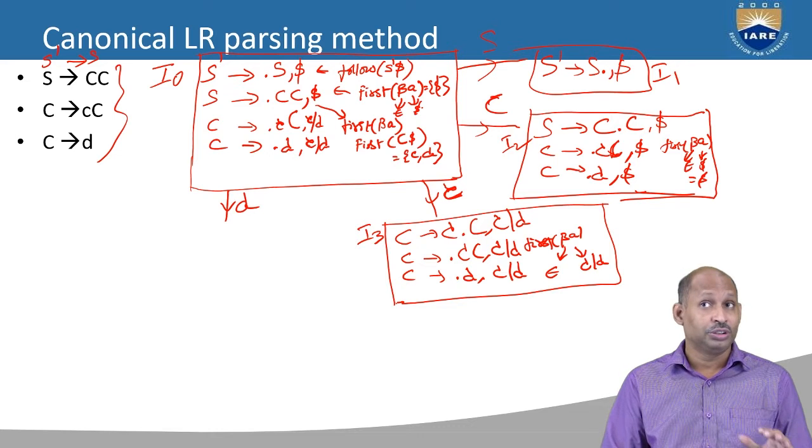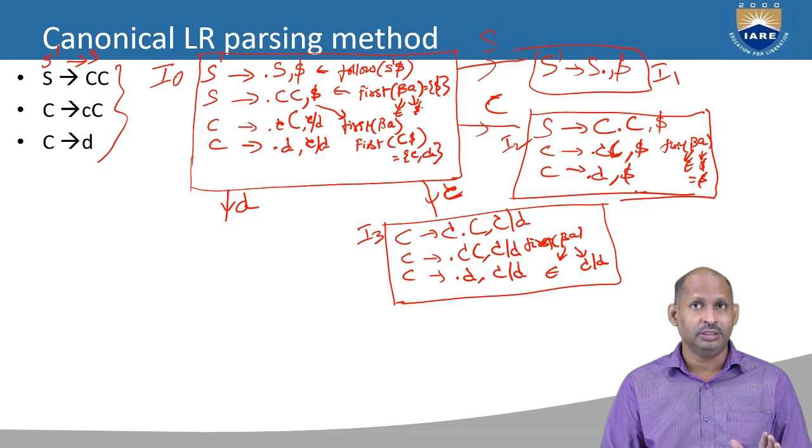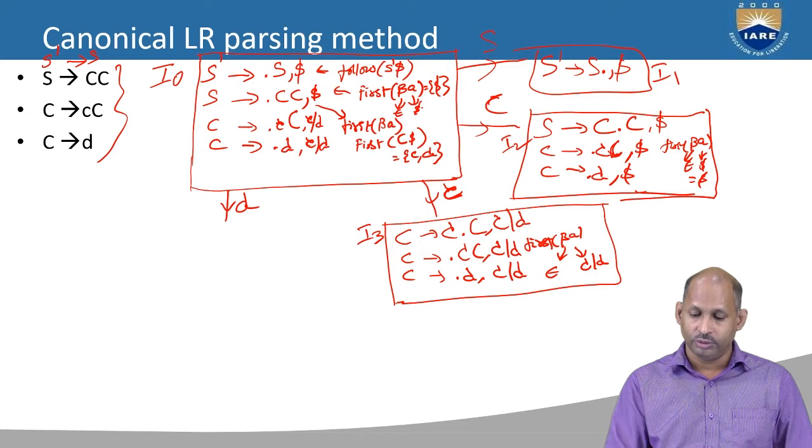Is it clear? So now we are constructing the closure groups and go to operations on the given grammar. After constructing these groups, we can construct the parsing table. Now I3 is completed. Then D is the input.